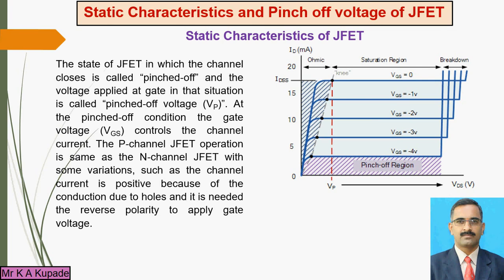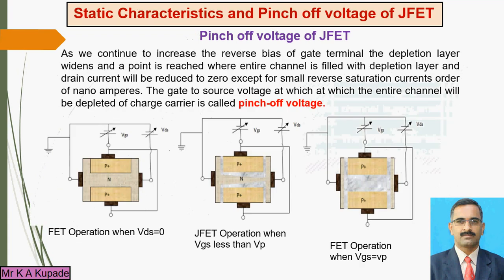At that time the current also increases, and at one point the drain to source current IDS stops increasing and flows constantly through that terminal. That situation is called VP, and the region where VP occurs is called the pinch off region.